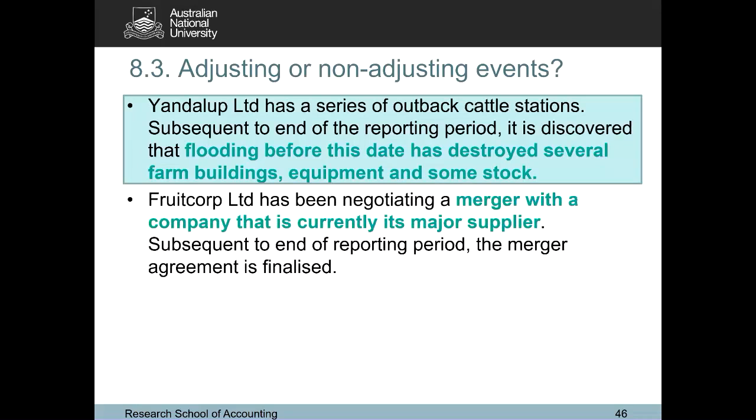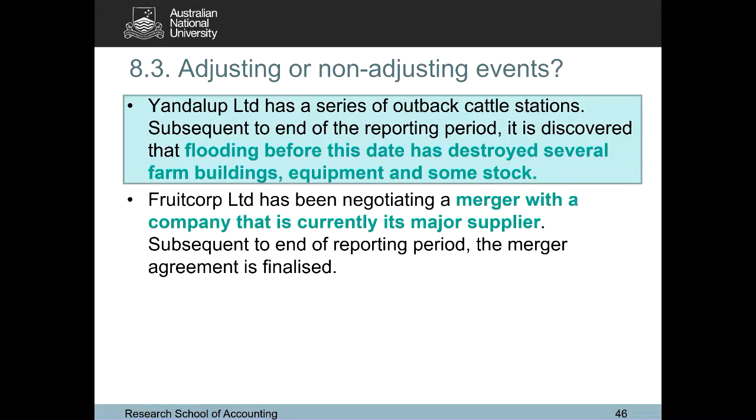And this company has been negotiating a merger with a company that is currently its major supplier. Subsequent to the end of the reporting period, the merger agreement is finalized. Adjusting, non-adjusting? Adjusting? Because you think a merger has been discussed, right? But no, that's non-adjusting.